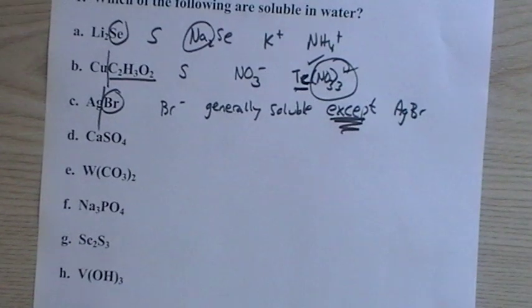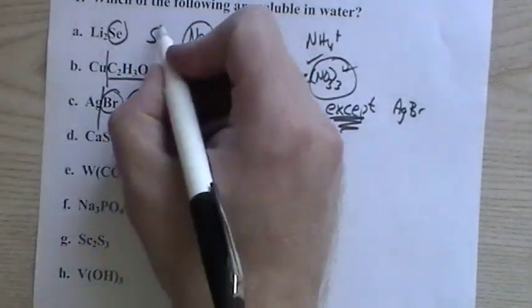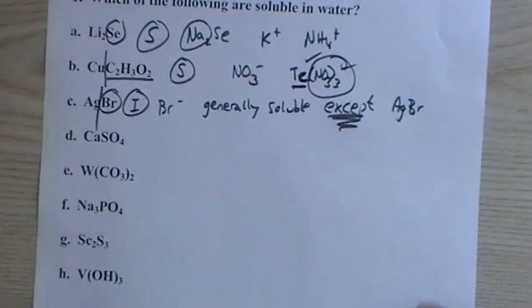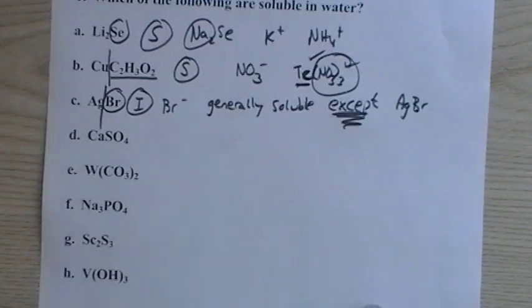When bromide is attached to the silver ion, it is insoluble. So let me circle these here. You should know that bromide, chloride, fluoride, when they're attached to something, are generally soluble, but there are exceptions. If you look at the table, you have your rule, and then you have your exception. There are very few exceptions, but they're important to know.